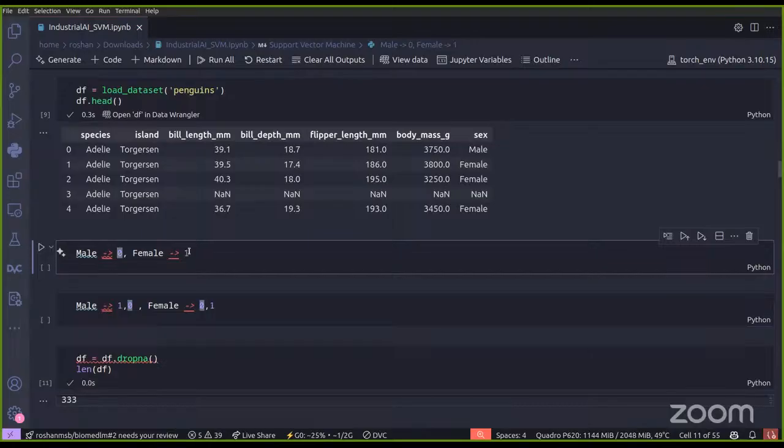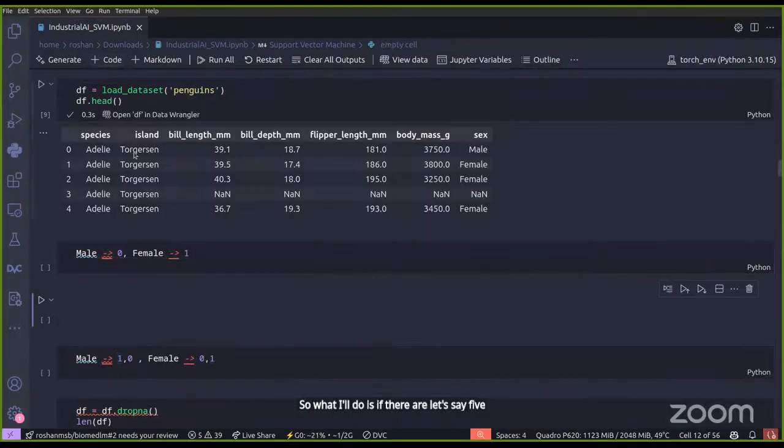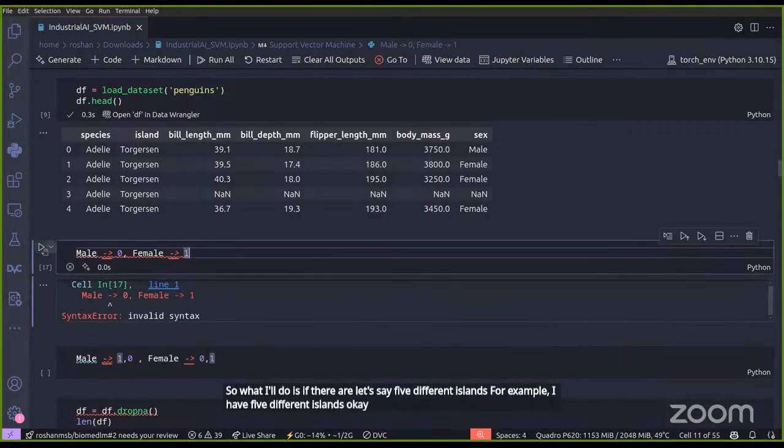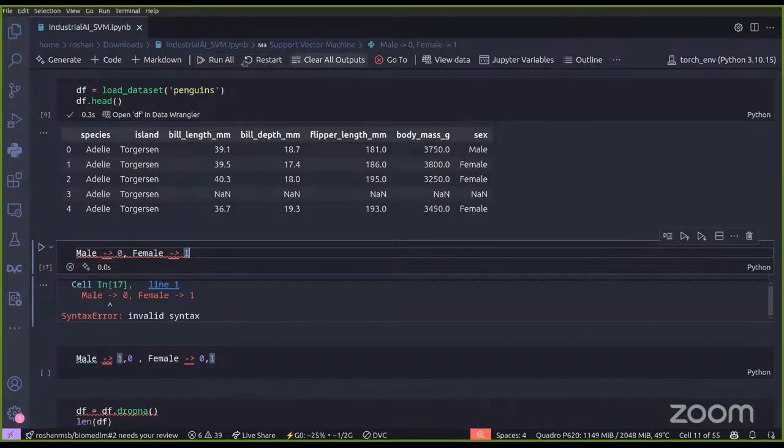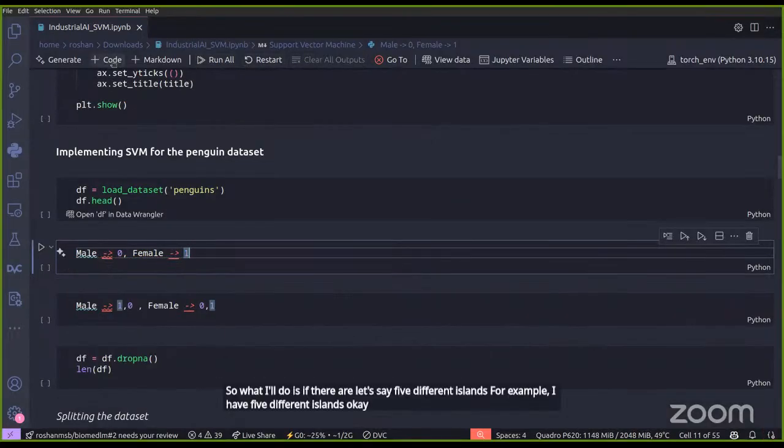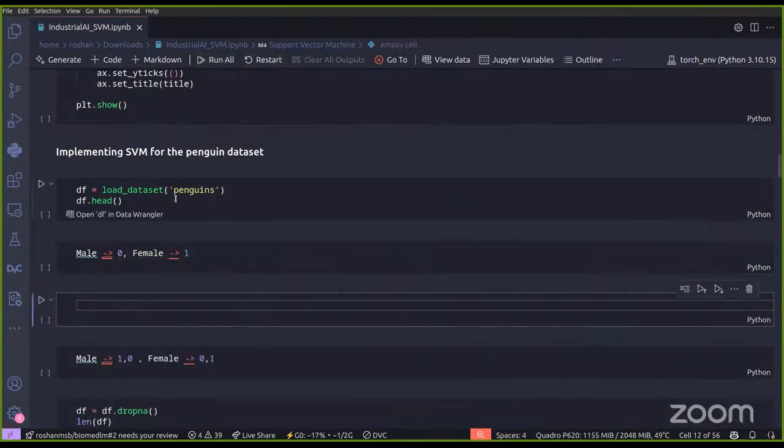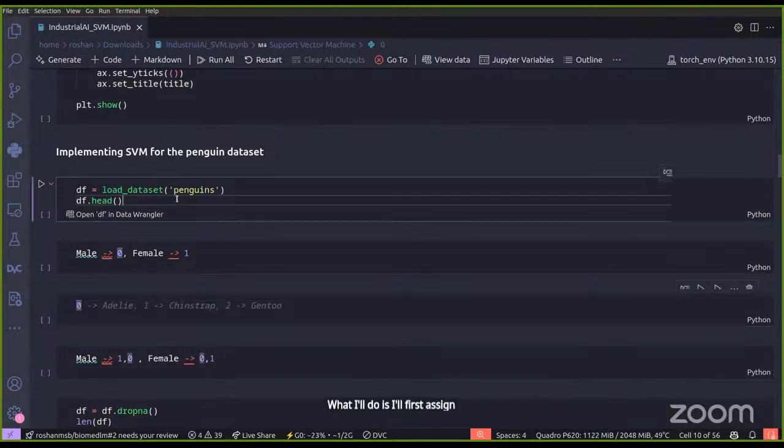So what I'll do is, let's say I have 5 different islands. I'll first assign different numbers.